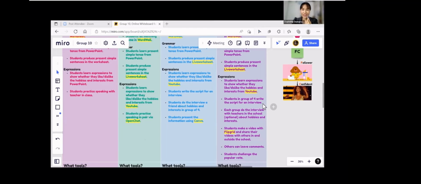Then we ask them to write a script to interview teachers in school, or other people inside or outside school with whom they can communicate in English. In this process, a teacher should have the role of a facilitator, make sure that students work as a team, and help when they have problems.